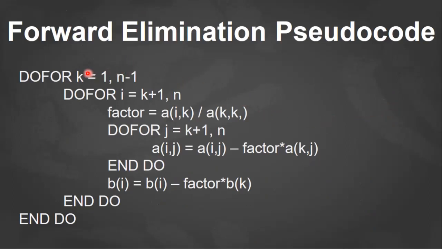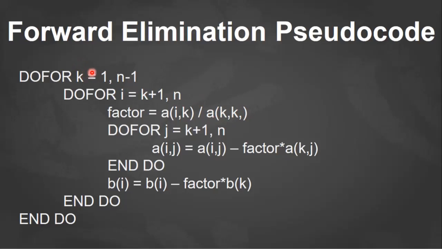First, k equal to 1, then i equal to k plus 1 up to n. Then here it says factor equal to aik over akk. What is akk? For example, in the set of equations earlier, at the start, with k equal to 1, this is A11.